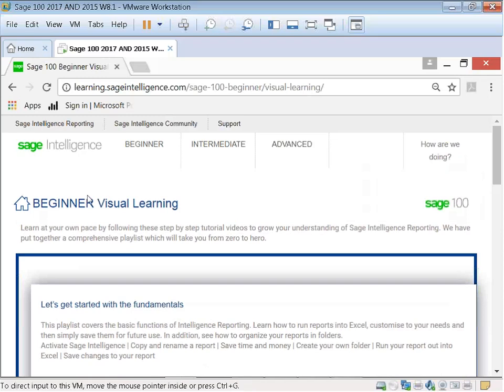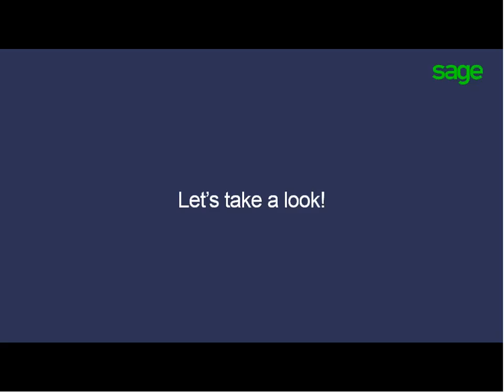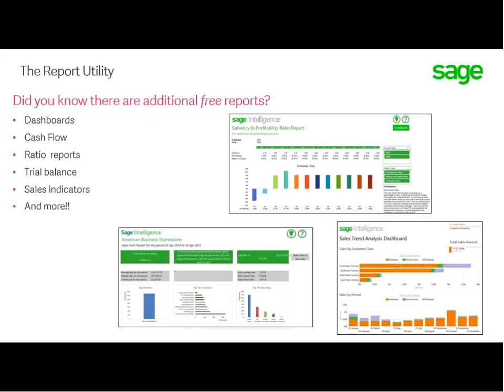Okay, back to the presentation, because there's a couple more things I'd like you to remember, and that is the report utility. I mentioned it earlier. There's additional free reports there. You can find them on our website under Resources, Additional Reports. Look at them. There's a couple pictures there of them, but we've done a lot of dashboards.